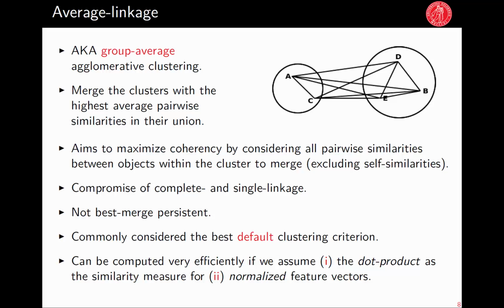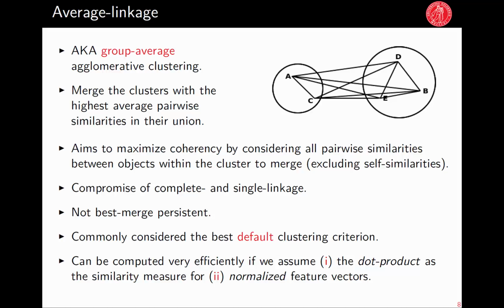And then we take the average, and that defines the similarity of the two clusters. This can be regarded as a mix between single linkage and complete linkage, a compromise, but it also makes it more robust to outliers.